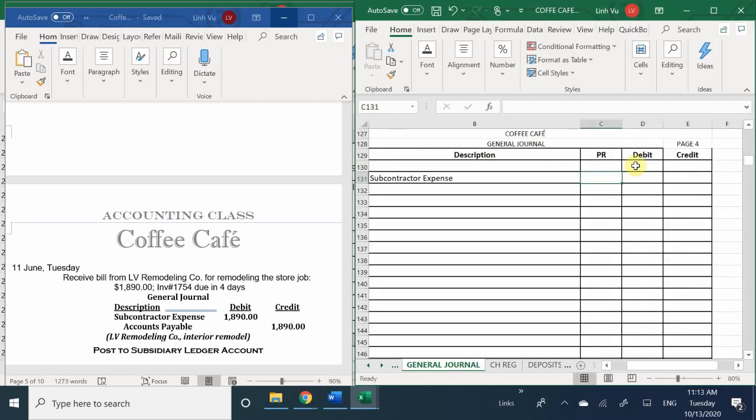So subcontractor was for $18.90. This is also $18.90. And there you go. So subcontractor expense, and because we're not paying them now, we're paying them later.